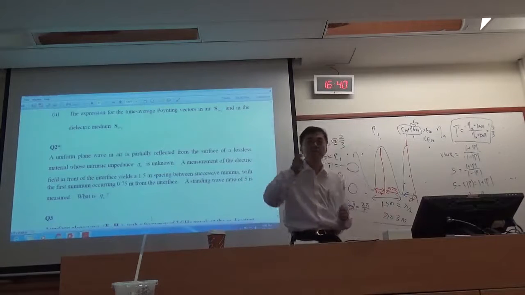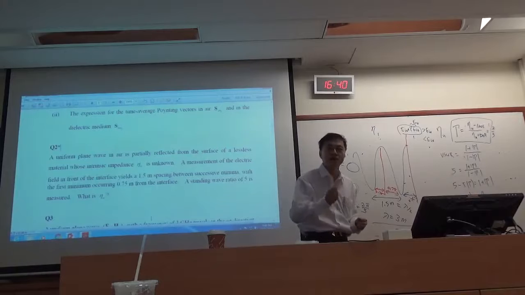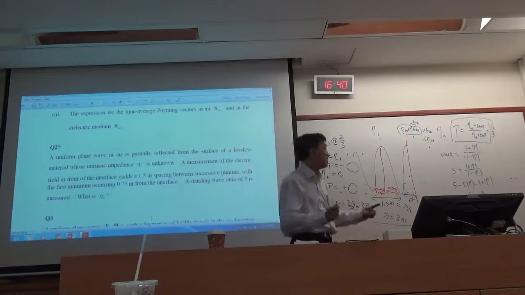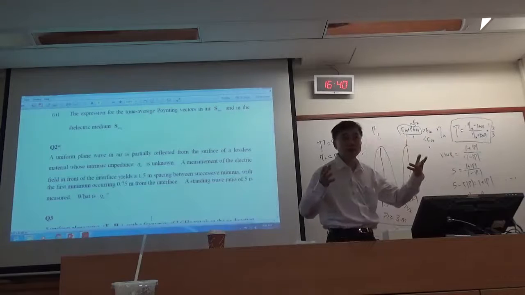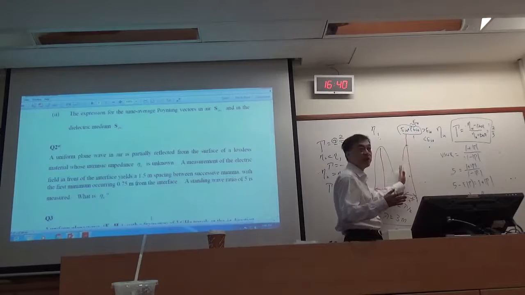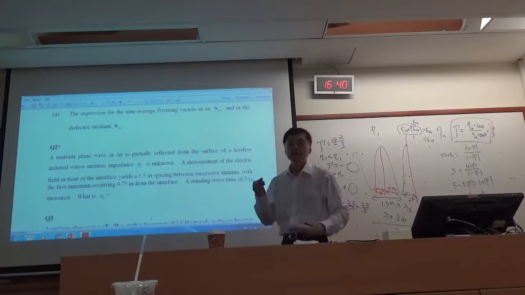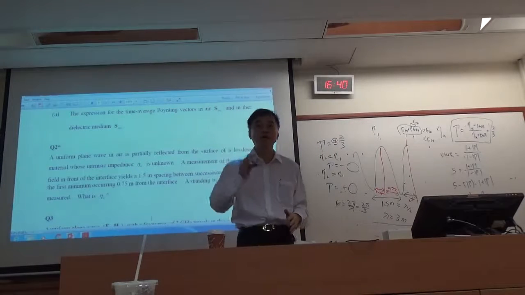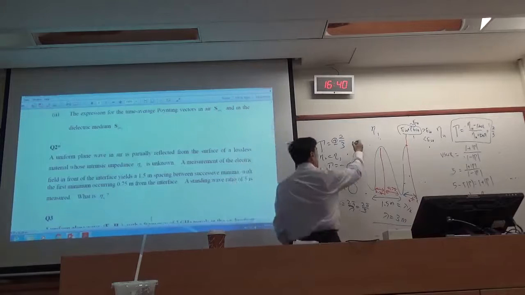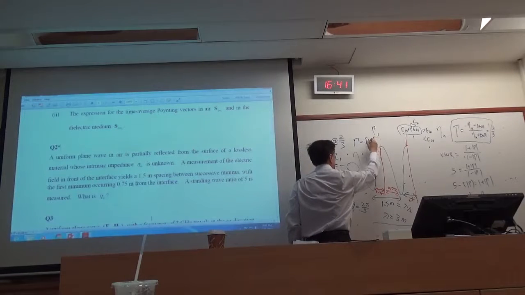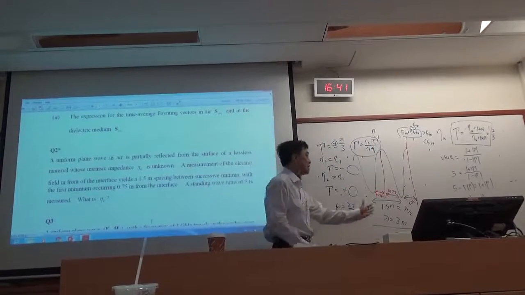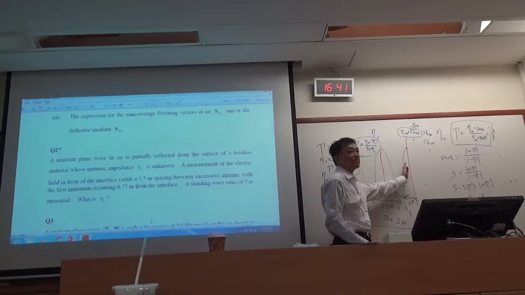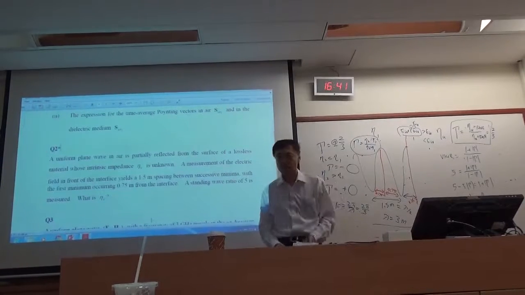But you might ask, why must the standing wave always be maximum or minimum? It always is, provided that zeta 2 and zeta 1 are real values, because gamma is equal to zeta 2 minus zeta 1 over zeta 2 plus zeta 1. If zeta 2 and zeta 1 are complex numbers, then the standing wave will hit the interface somewhere in between the maximum and the minimum.